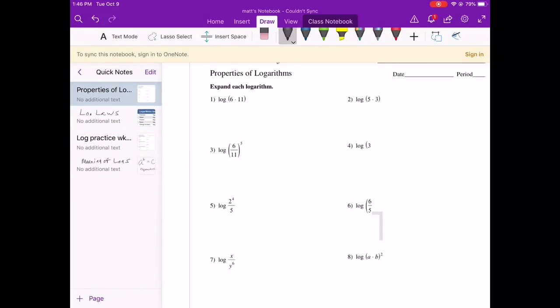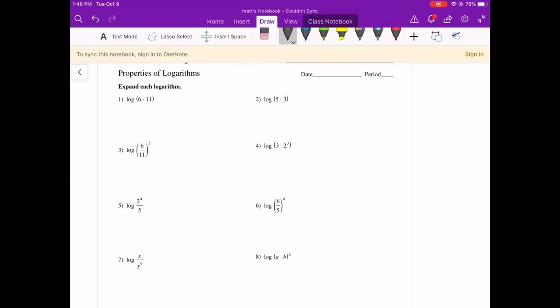So properties of logs, we'll do a couple of these to help us out. So this is log, and when I don't have a number here, that means it's log base 10. It's just a reminder whenever you see a log and then a blank base, that's a log base 10.